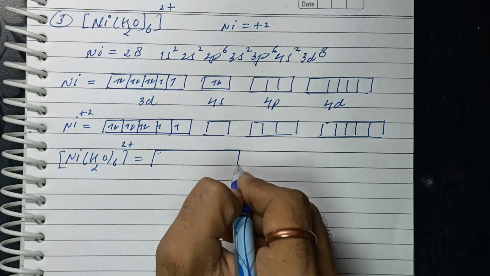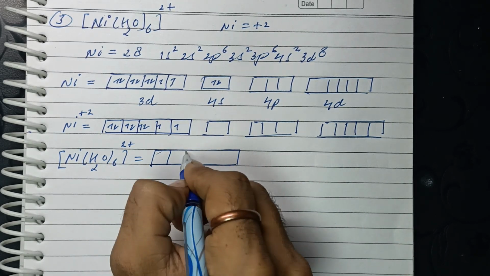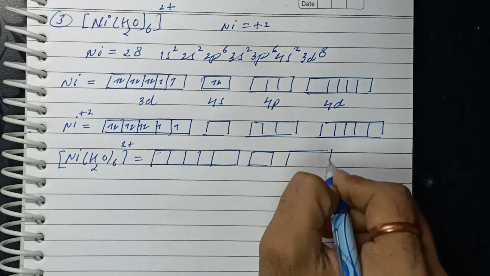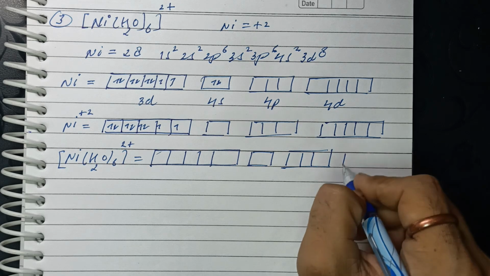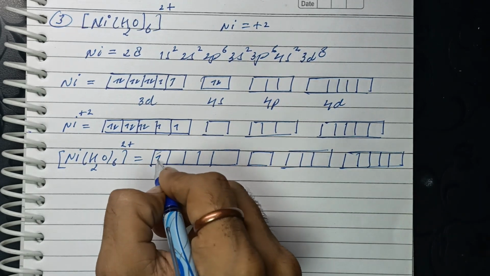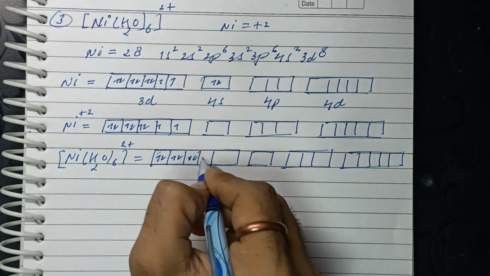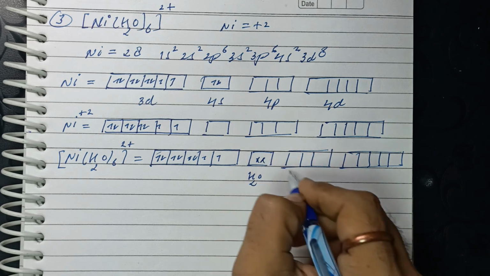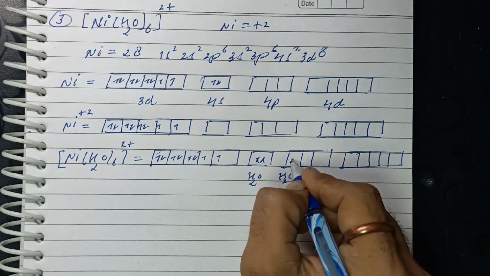It means H2O will donate its lone pair in these vacant orbitals.